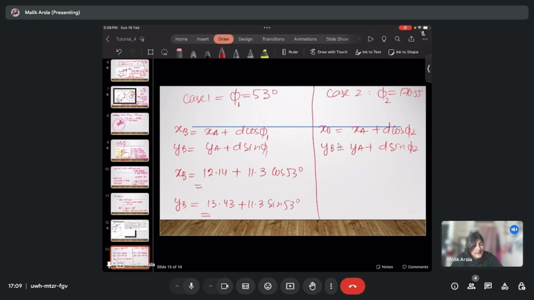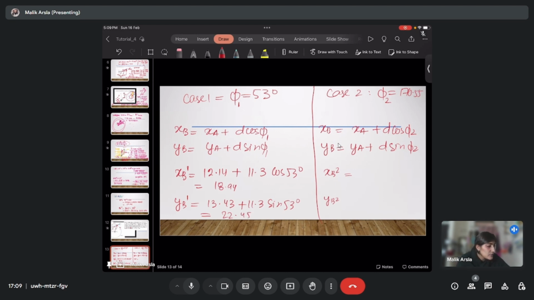What are these two values coming out to be? So when you calculate, this is coming out to be 18.94 and this is coming out to be 22.45.